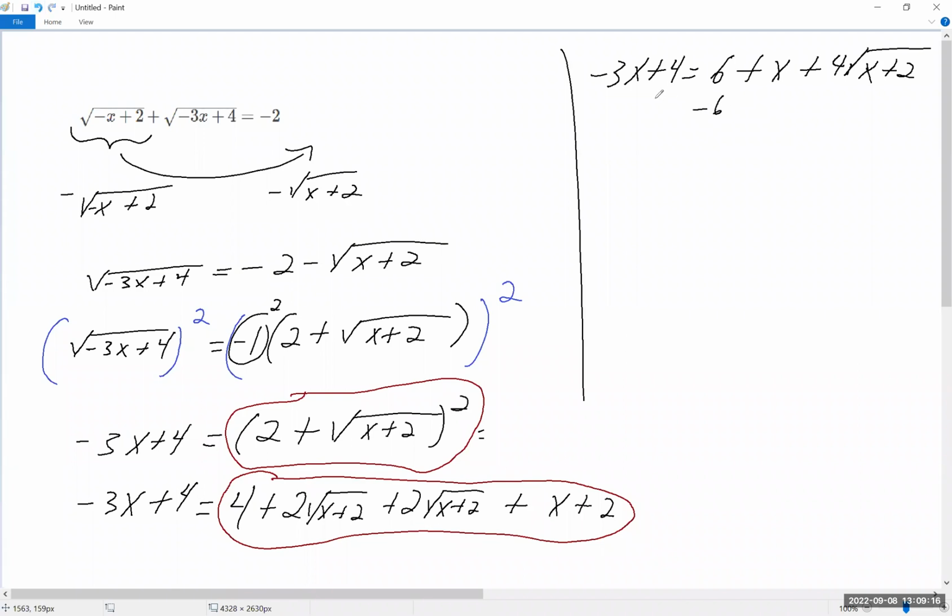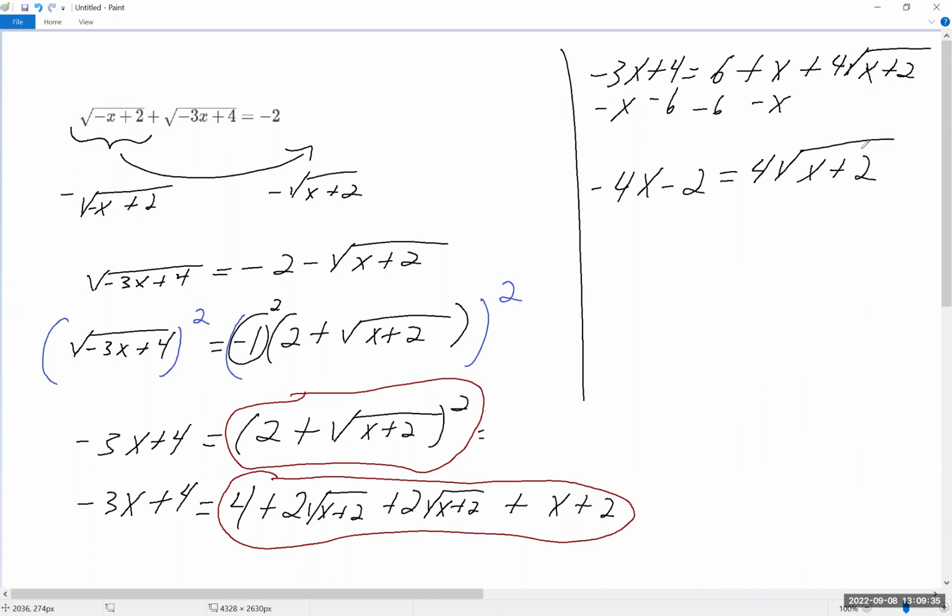Take out the, subtract the 6 and subtract the x. So that's minus 4x minus 2 is equal to 4 square root of x plus 2.